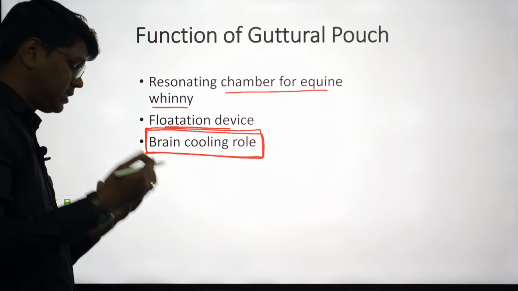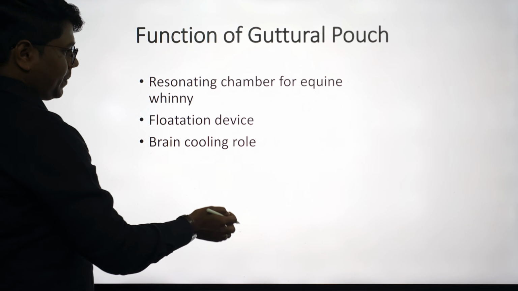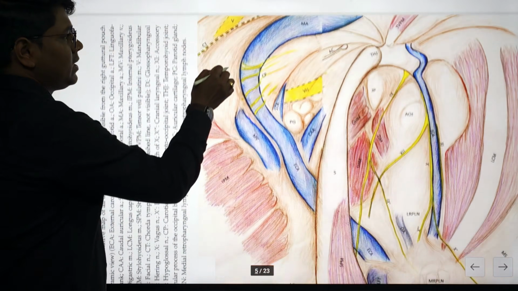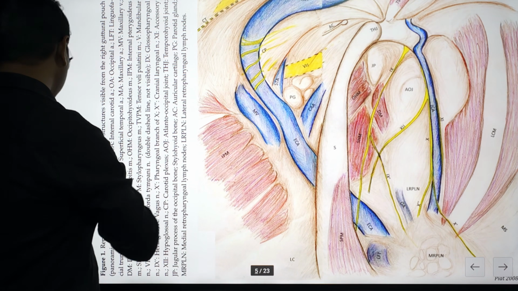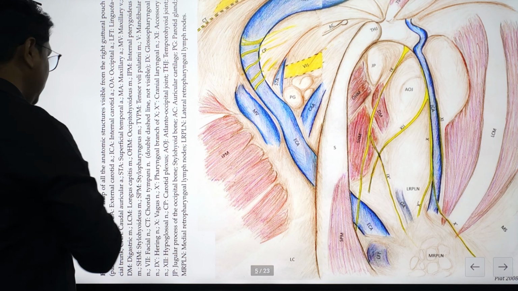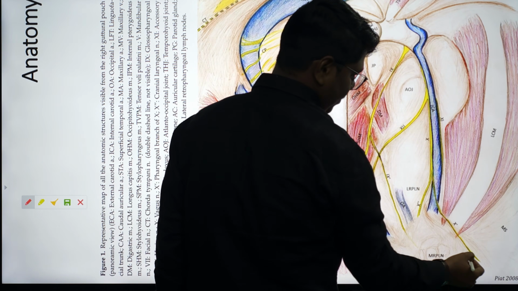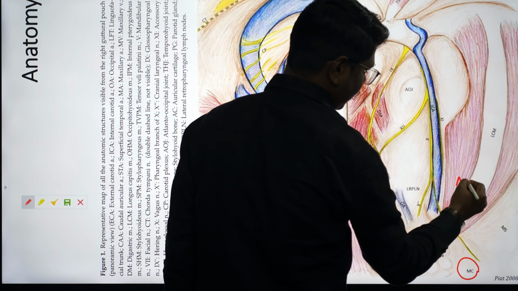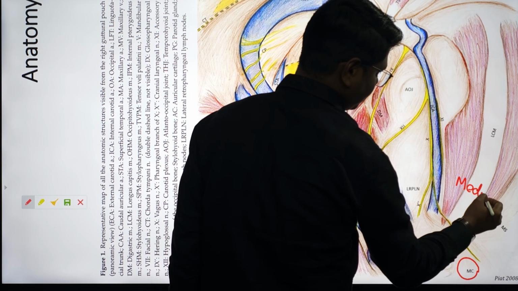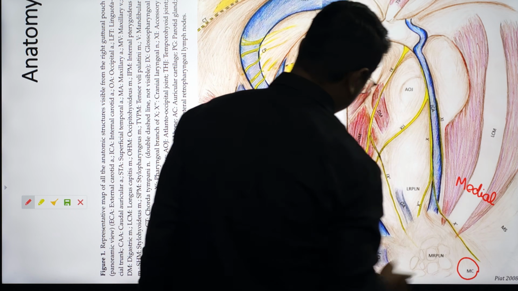How it does this, let us see from the anatomy. This is the anatomical structure of the guttural pouch. The guttural pouch is divided into two chambers: this is the medial chamber and a lateral chamber.